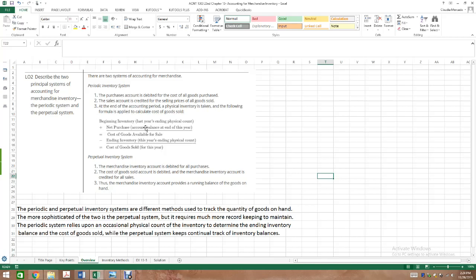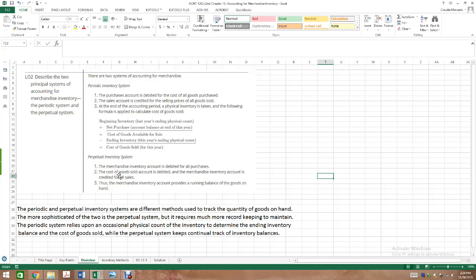Now, everywhere that I've worked in the past, I've worked for maquiladoras, we've used the perpetual inventory system. In this particular method, the merchandise inventory account is debited for all of the purchases. So we have an account called merchandise inventory. Whenever we make a purchase of the goods, we debit merchandise inventory.